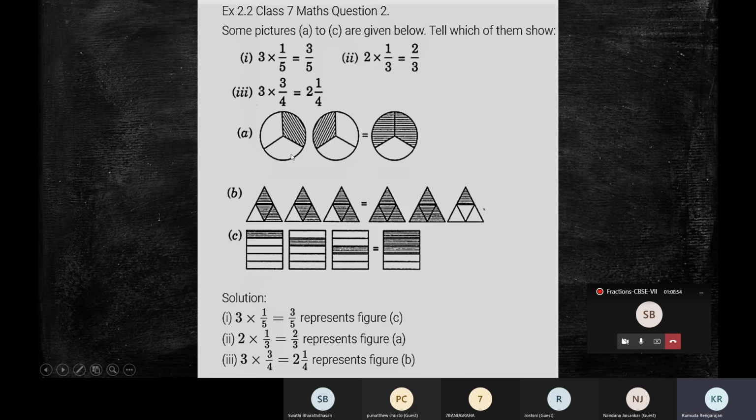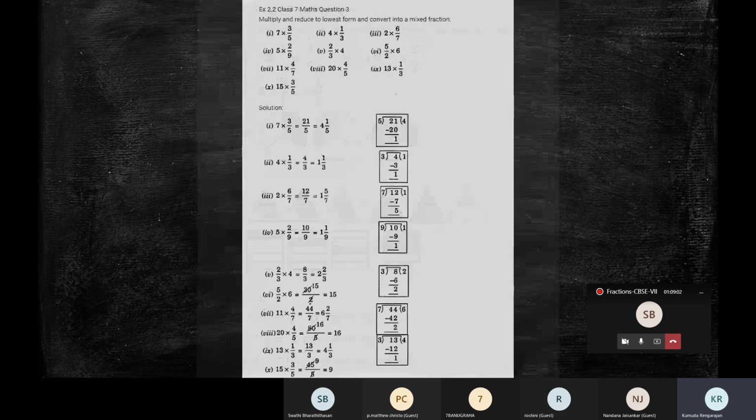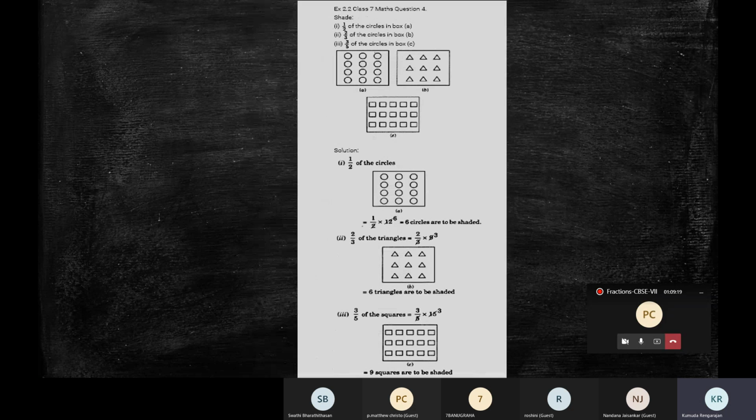You just have to match it. This we've already understood.